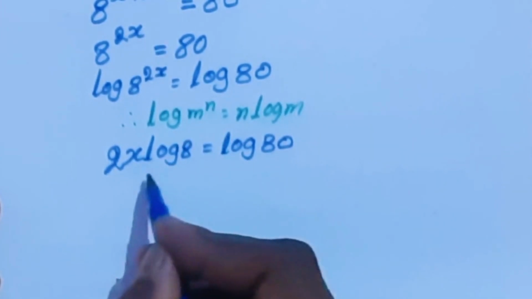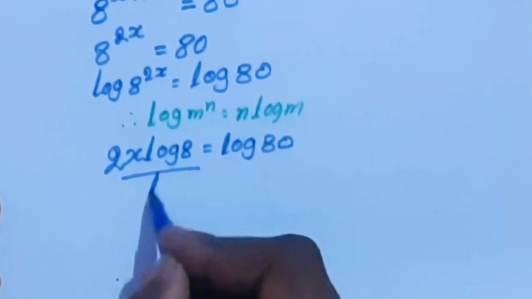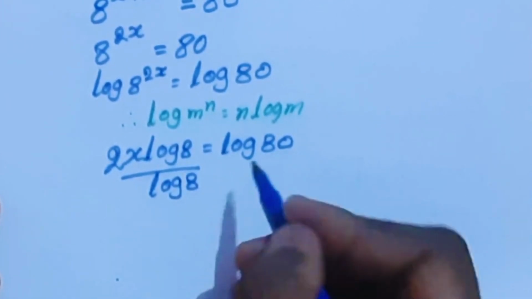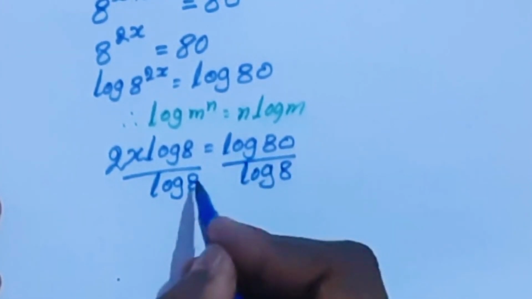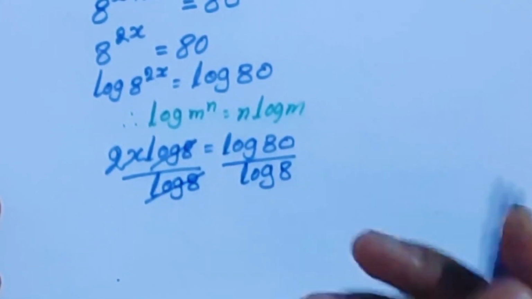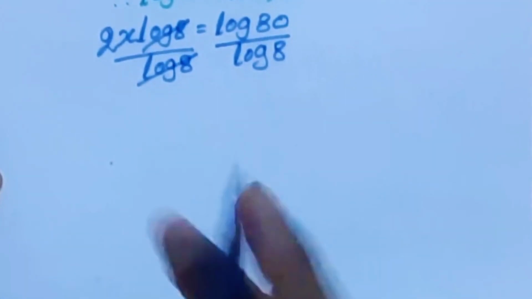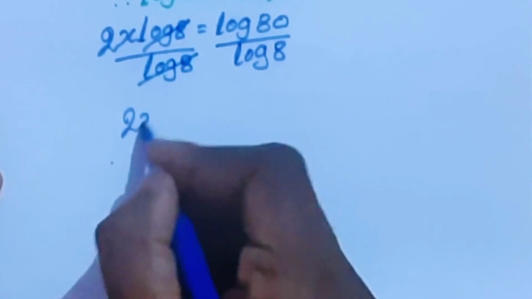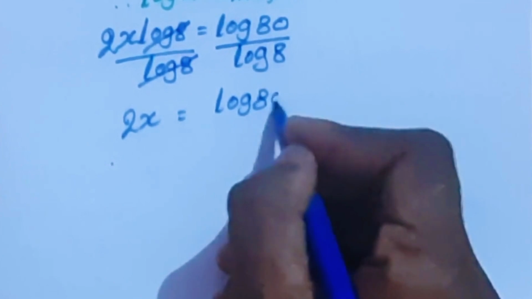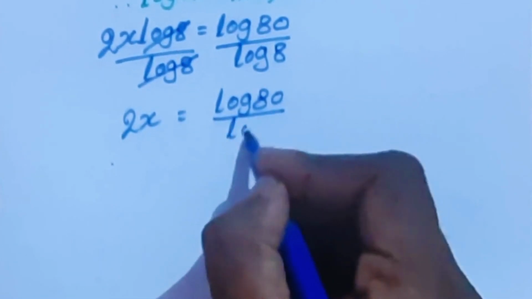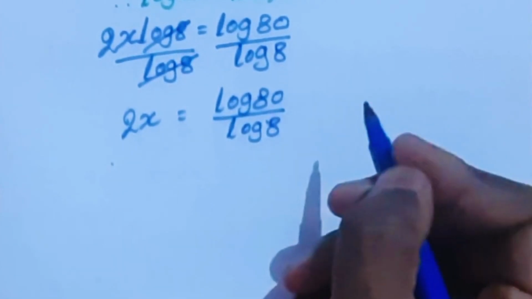Now we are going to divide by log 8 on both sides. So log 8 here on the left side, and on the right side log 8. Now this log 8 cancels this log 8. Now we have 2x equal to log 80 by log 8.